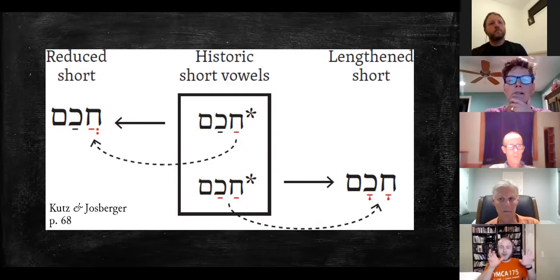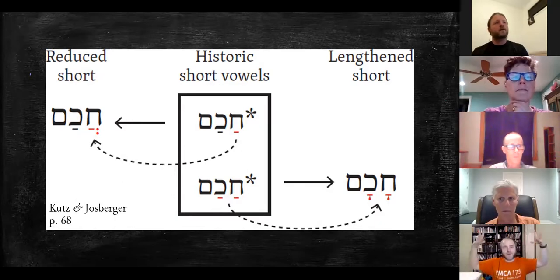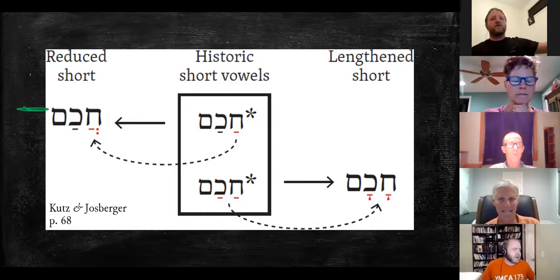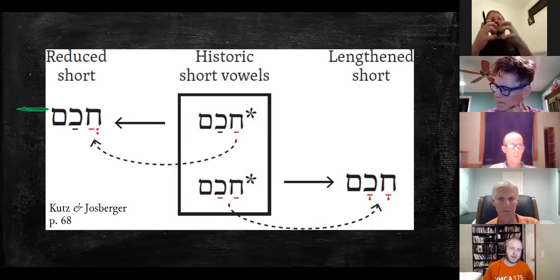So when it's in a construct chain, the first word is as if it doesn't have its own accent, and the accent is on the next word. Yeah, that's the whole concept of makaf. The word after it is the one that has the accent, they're considered as a one-word combination, like flower pot.